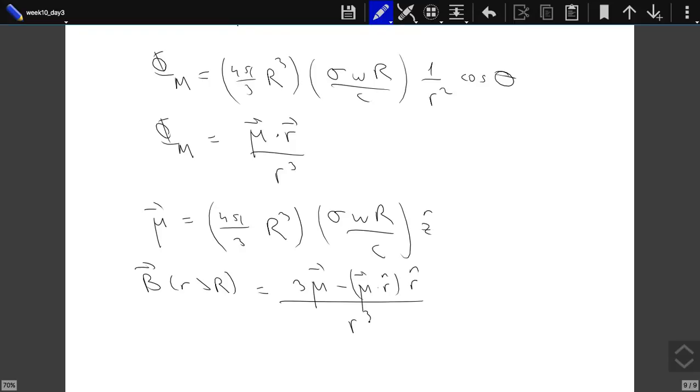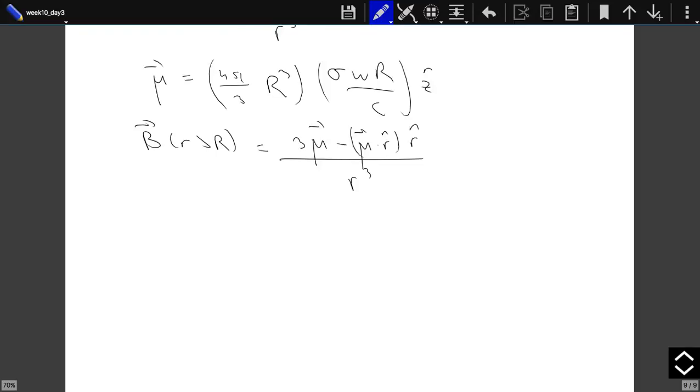It will still be a dipole. And if you calculate the corresponding vector potential, it will turn out to be mu cross r.